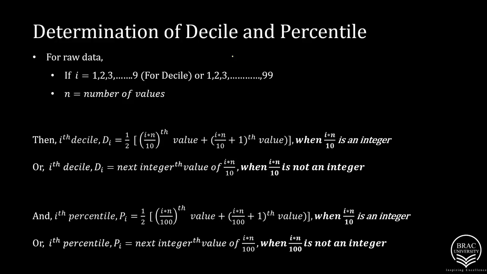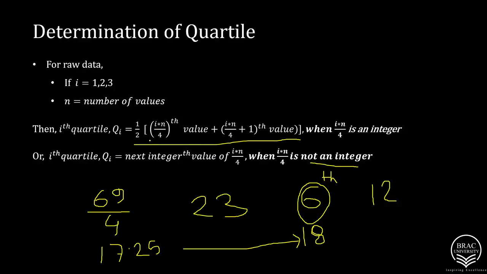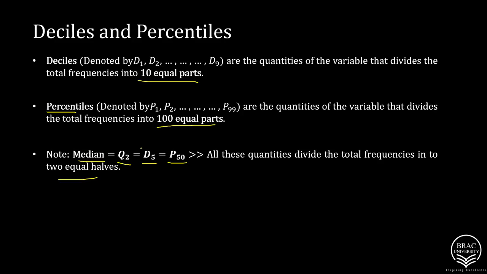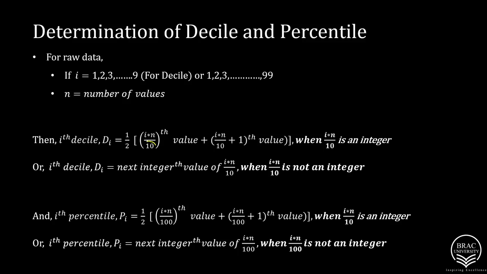So how to determine the decile and percentile? Actually it is similar to the quartile. You can see for the quartile we just took here the value 4, and for decile and percentile we are just taking here the value 10 and the value 100.